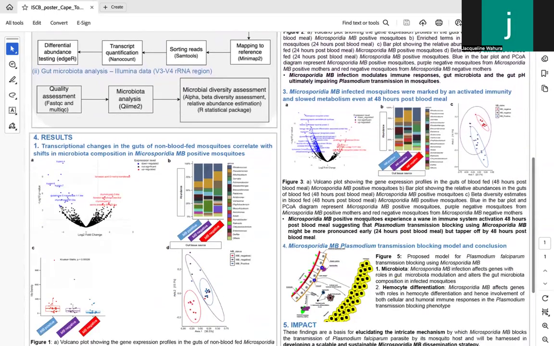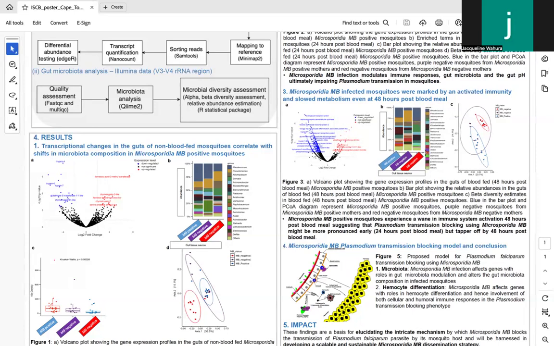48 hours post-blood meal, we observed that the immune system was activated, while some factors associated with immunity were also down-regulated, indicating that immune system activation was at the point of inflection at this particular time point.